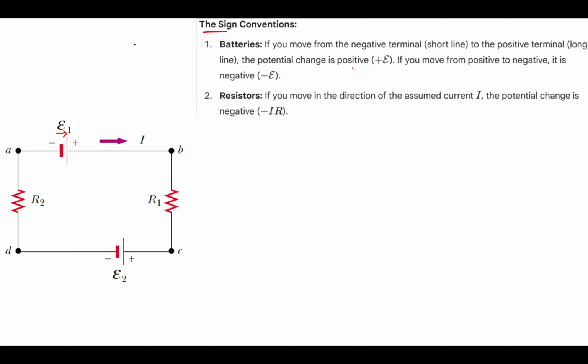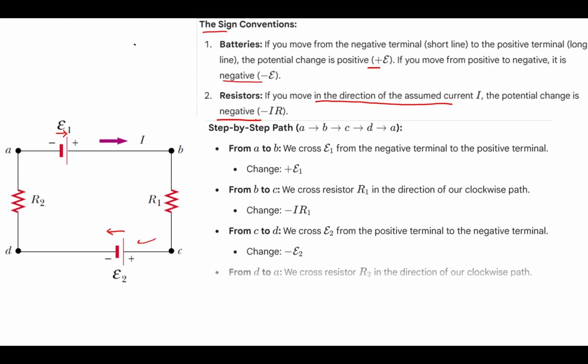If you move from positive to negative, you get a negative change for the battery. For a resistor, if you move in the direction of the assumed current, the potential change is always negative. That's what we need to figure out.